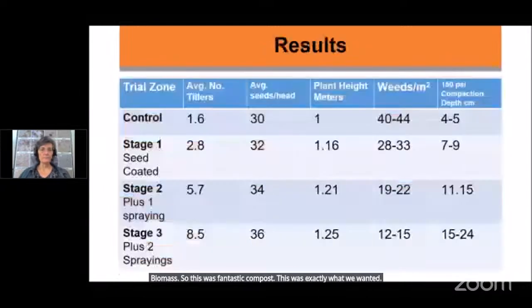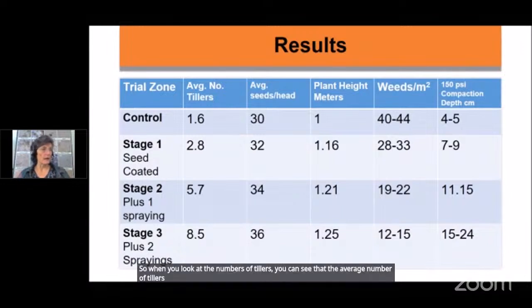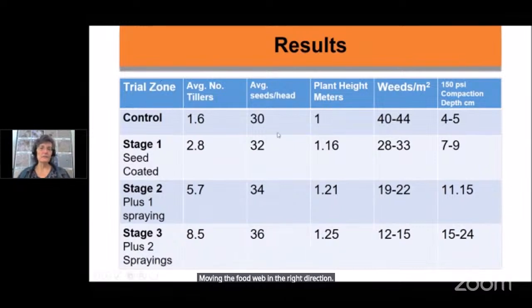So when you look at the numbers of tillers, you can see that the average number of tillers increases with more biology, moving the food web in the right direction. You can see the number of seeds per seed head increased. So each of these tillers produced, 1.6 tillers per plant.